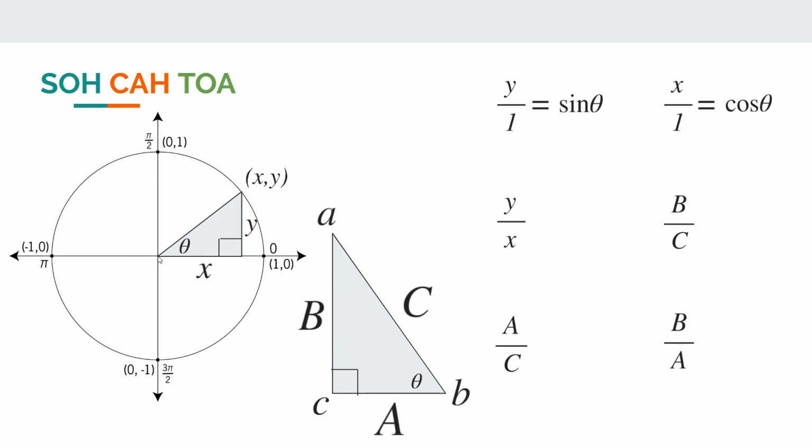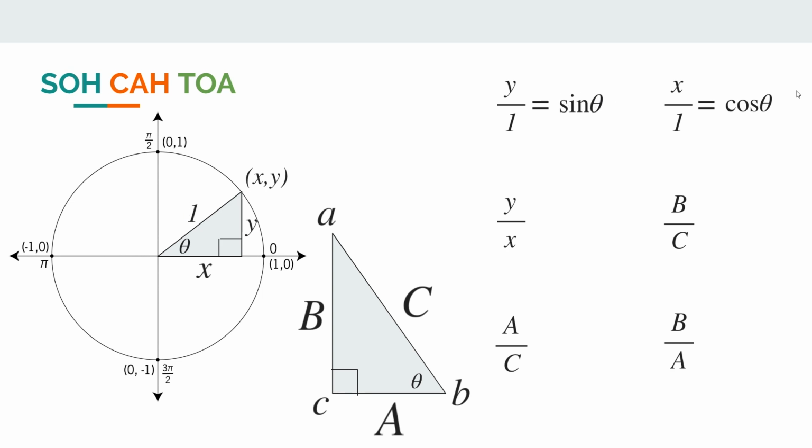And knowing that the unit circle radius is just 1, we can say that the hypotenuse is 1 as well. Therefore, for solving this expression right here, y is just the opposite of theta, and 1 is just the hypotenuse of this triangle. So knowing that, the opposite over hypotenuse, that is sine, and that's how we got sine.